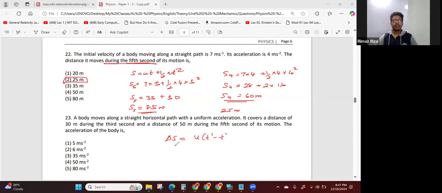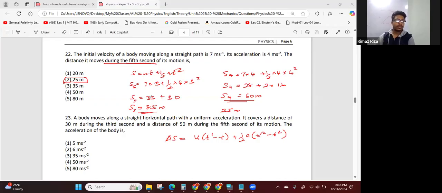So you can write it like this to get the displacement within that second, because if you write this, you can straight away get the answer.